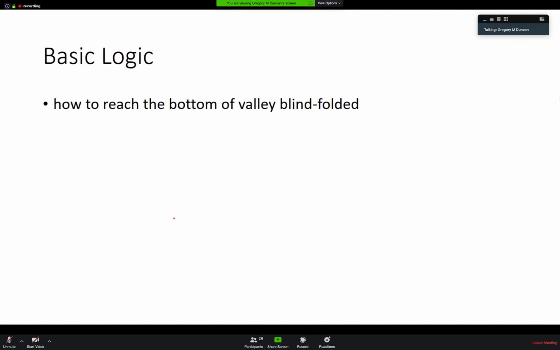So, what is the basic logic of optimization? I want you to think about how you would reach the bottom of a valley blindfolded.